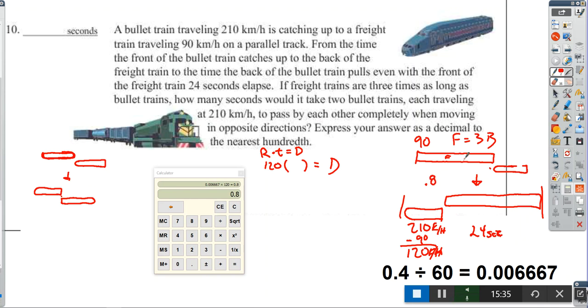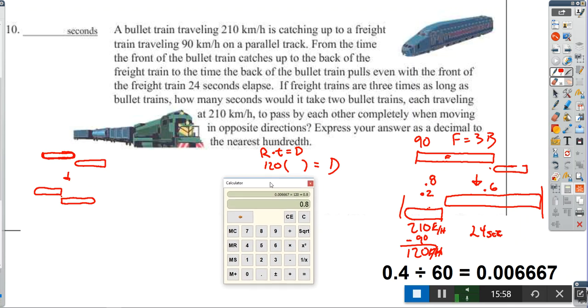Well, the freight train is 3 times the length of the bullet train, which means this has to be 0.2 and this has to be 0.6. 0.2 times 3 is 0.6. Okay, so the length of the bullet train is 0.2.